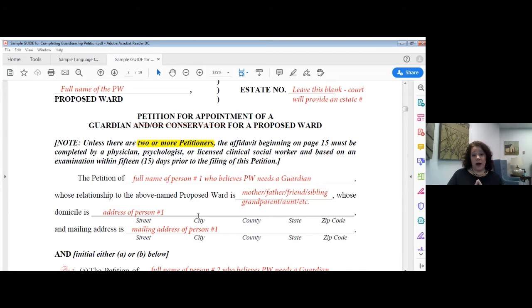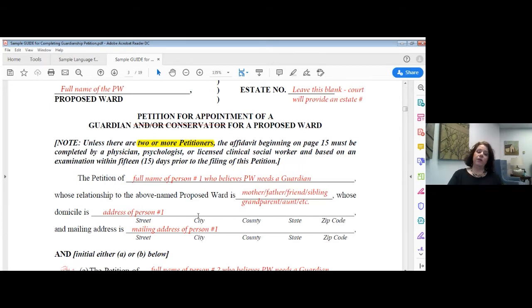So if you are in that circumstance and don't need a conservator, then you can just strike out right there, petition for appointment of a guardian, leave that, and then just strike out "and or conservator," because we don't need a conservator and we don't want to get caught up in all the annual return and reporting requirements if the ward does not have income or assets. And we'll look at that in just a minute.